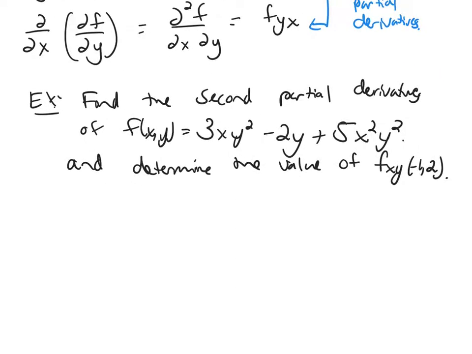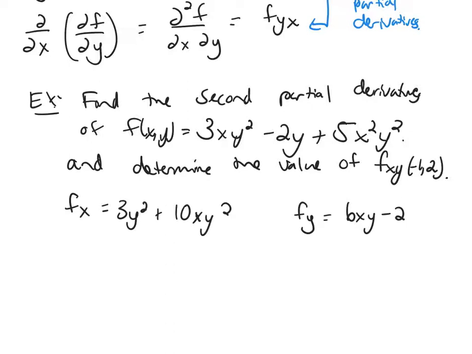So you're going to find your partial derivative with respect to x first. fx will be 3y squared plus 10xy squared, and find fy, 6xy minus 2 plus 10x squared y.